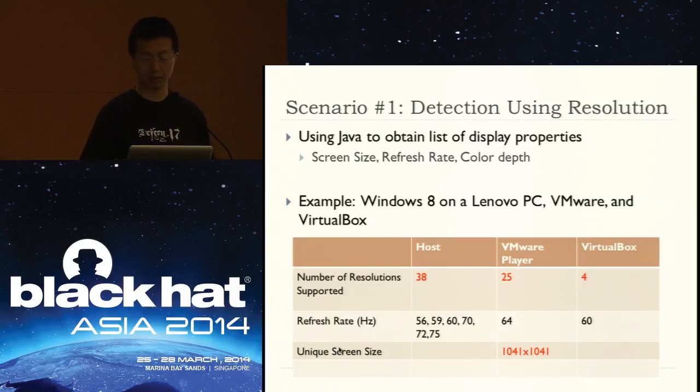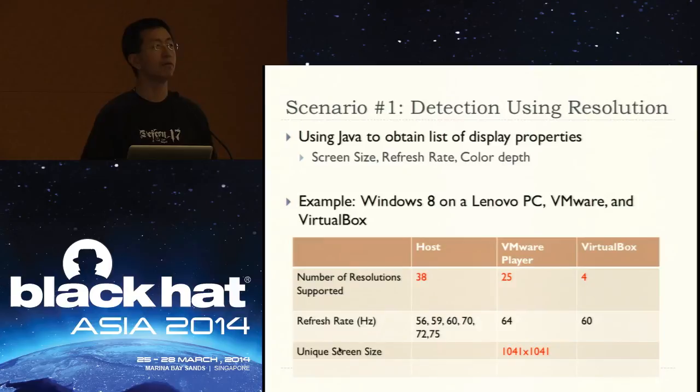Okay, so in this particular case, we have like 38, and when I say 38, this is a combination of the resolution plus the refresh rate. So you might have like 1024 by 680, and then a refresh rate of 56. So it turns out most NVIDIA, AMD, and Intel chips nowadays really support lots of those.